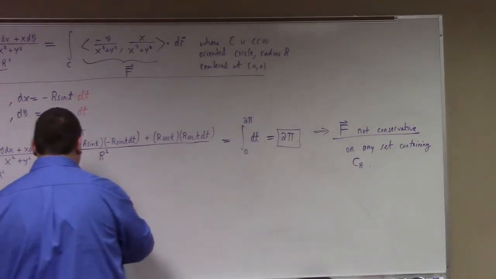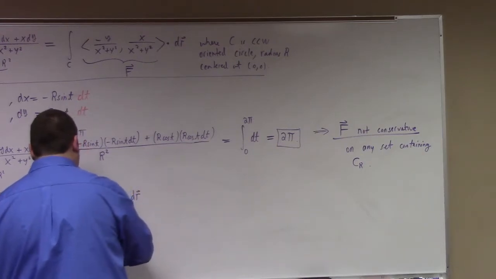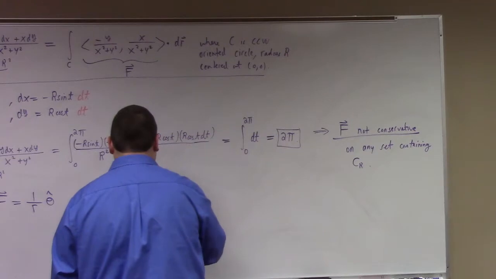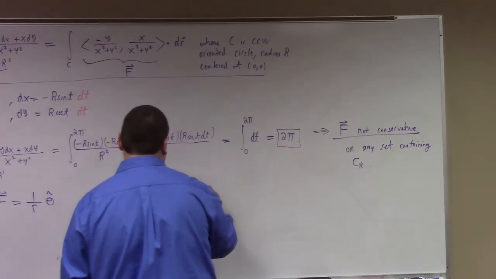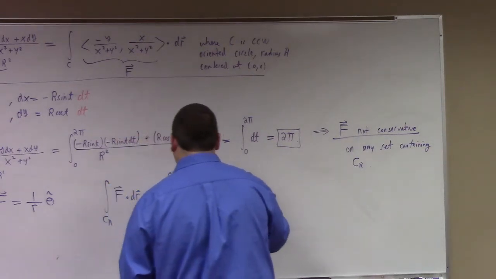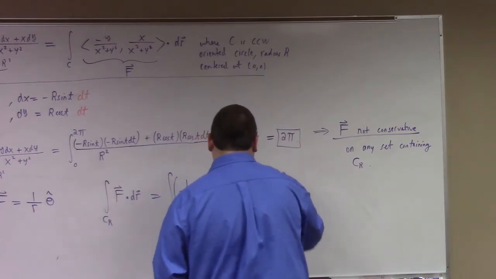And so when you calculate the integral of f dot dr over a circle of radius r, well, that's the integral of 1 over r theta hat. What's dr for a circle? Well, it's r theta hat d theta.